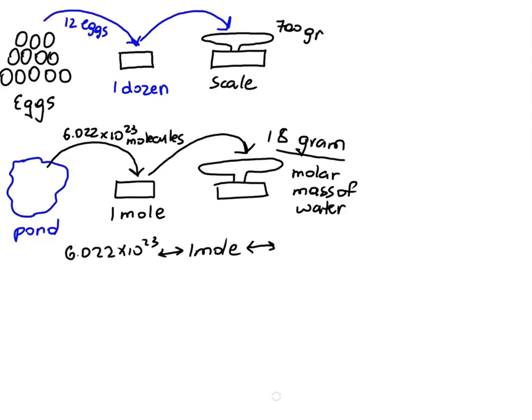So we can just write M, meaning molar mass. So 1 mole of any molecule is equal to 6.022 times 10 to the 23, and that is equal to the molar mass.